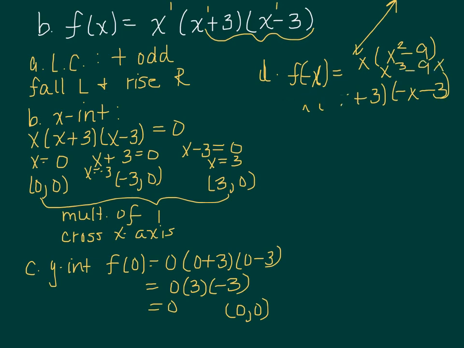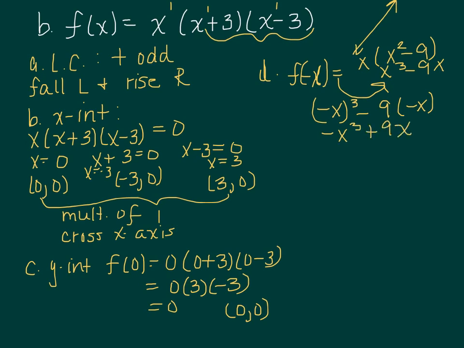Because that'll make it easier. Now let's plug in negative x. So this is negative x cubed plus 9x. Because everything changed from our original, then this is origin symmetry.